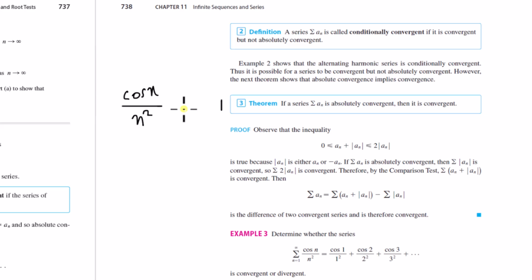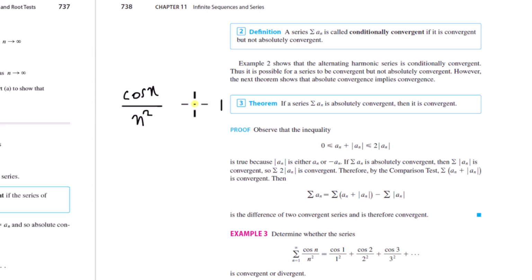So that's awesome. Now, just note, though, that it's not saying that if you did a test like this for absolute convergence and you found that the absolute value series wasn't convergent, then that tells you that the original series is divergent. And why? Because it could be conditionally convergent, right? If you were analyzing the alternating harmonic series and you did the absolute convergence test, you would find that it's not absolutely convergent.